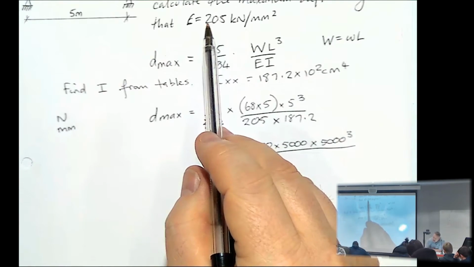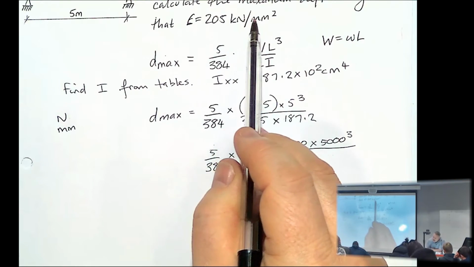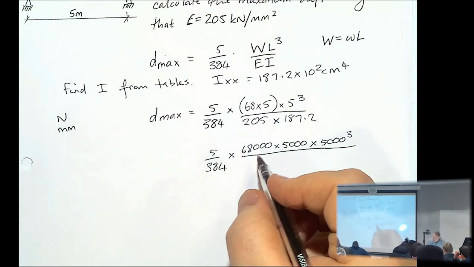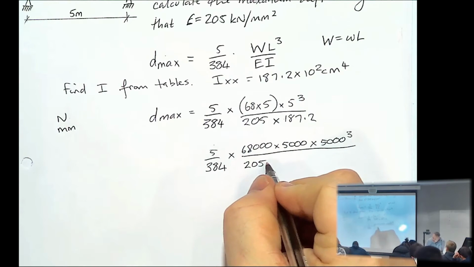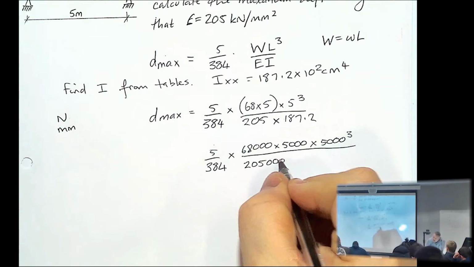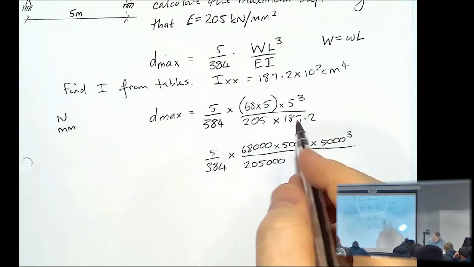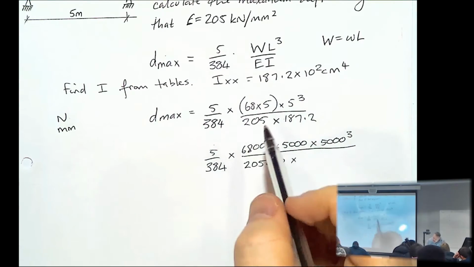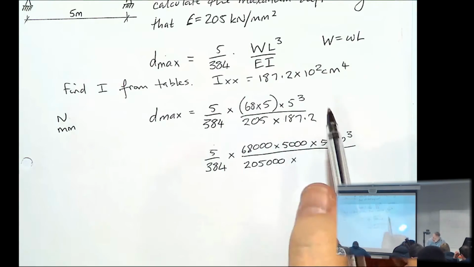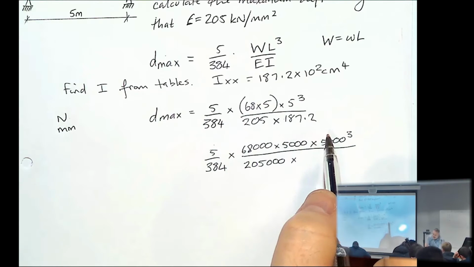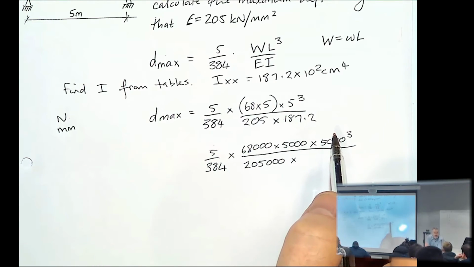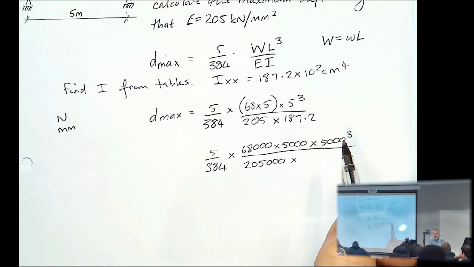We've got 205 kilonewtons per millimetre squared, so that's 205 times 10 to the 3, and then times by our I value, which is in centimetres to the 4. Don't you just wish that all of the values just came in millimetres and newtons?